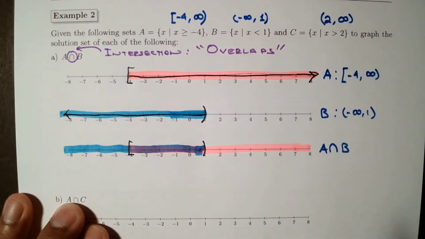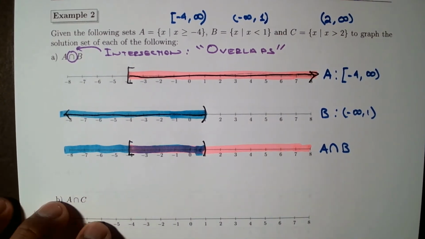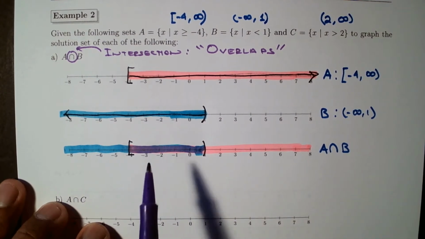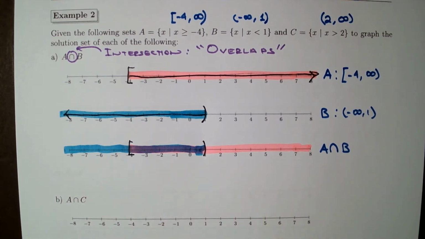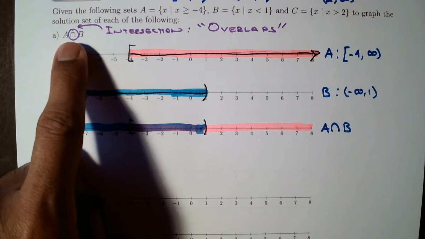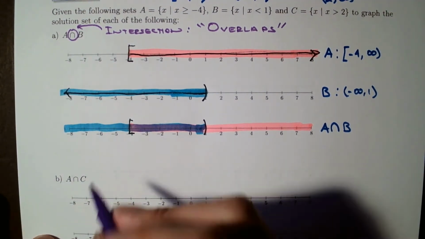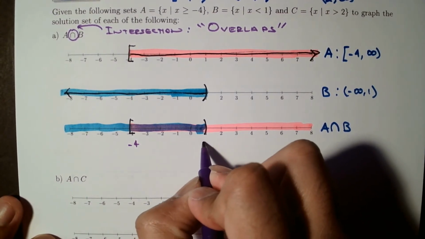I use these colors on purpose because I think the overlap is really easy to see. If we combine pink with blue, we get a very cool shade of purple. So the intersection between A and B is going to be the purple part, which goes from -4 all the way to 1.